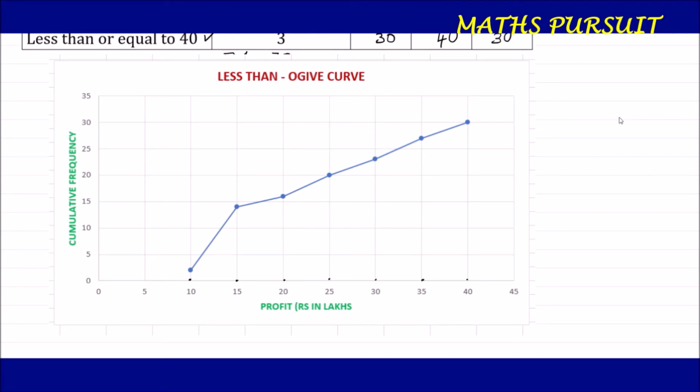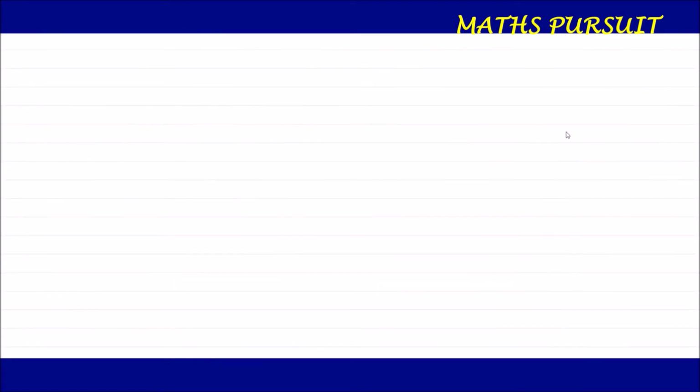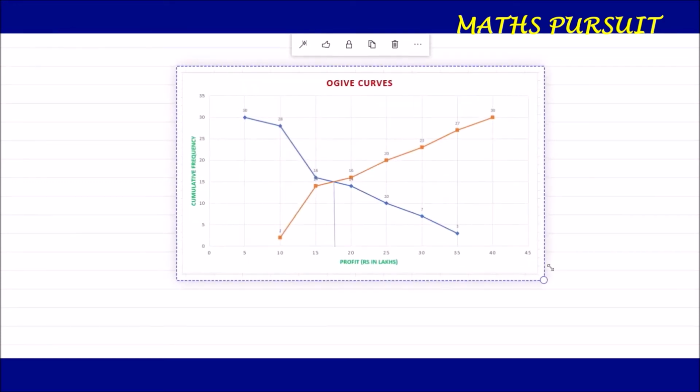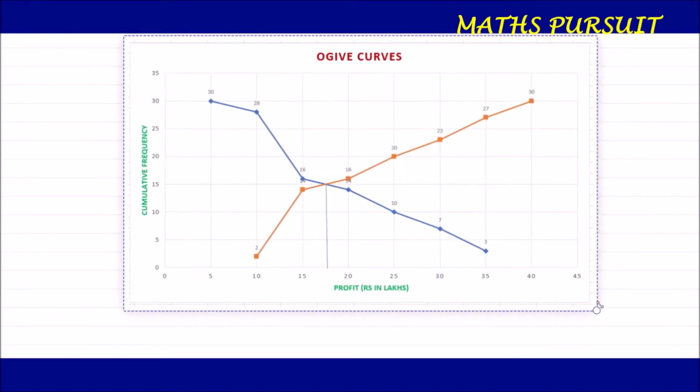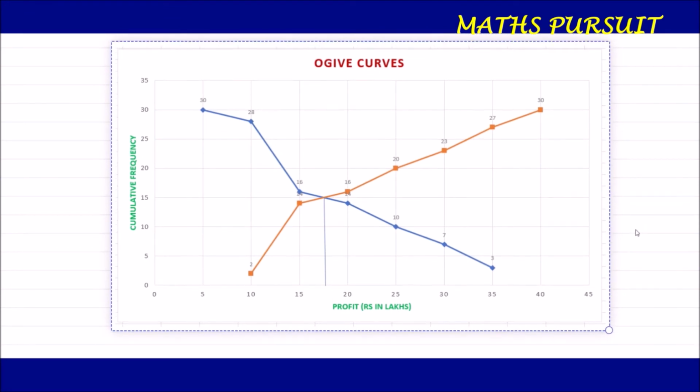Now guys, as per the question, we also need to find the median. Let us see how we can find the median from this ogive curve. If we draw both the diagrams on one x-axis and y-axis, the diagram will look like this. In the x-axis we represent the profit, and in the y-axis the cumulative frequency.